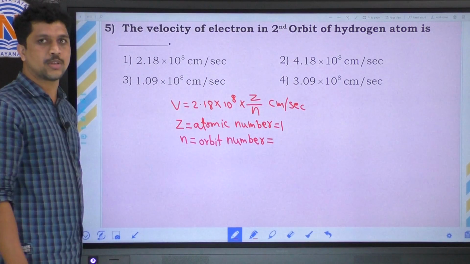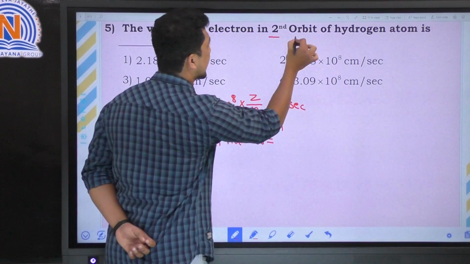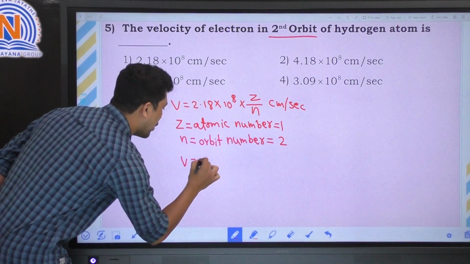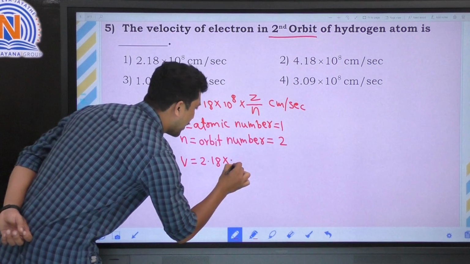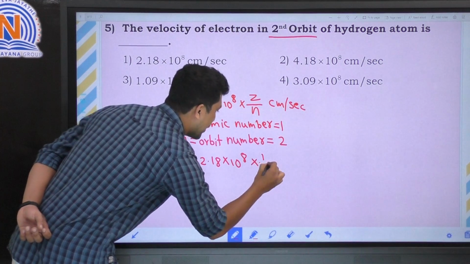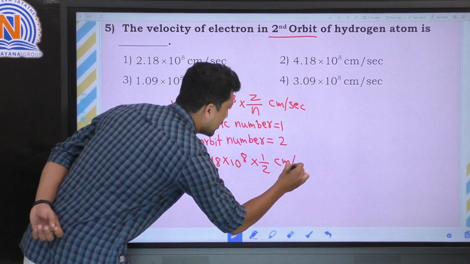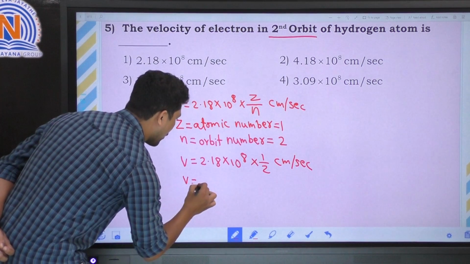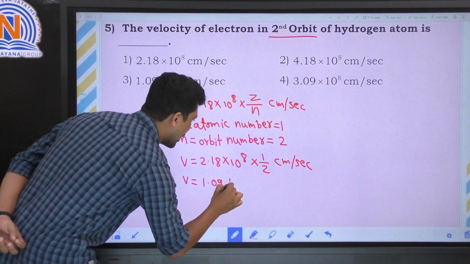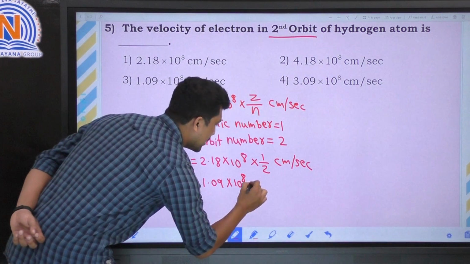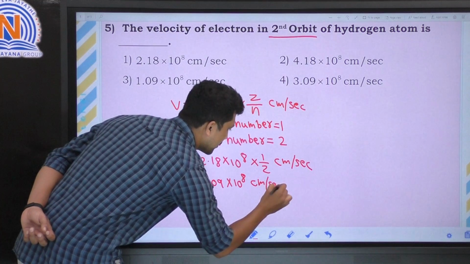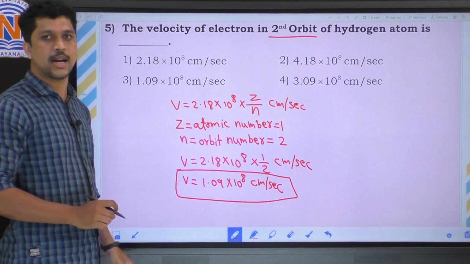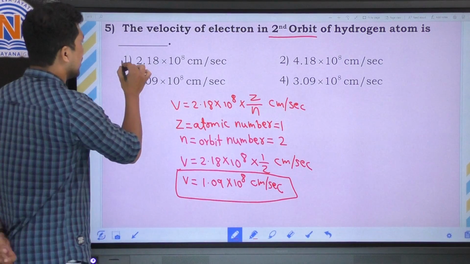They have given the second orbit, so orbit number equal to 2. Then velocity V equal to 2.18 into 10 power 8 into 1 by 2 centimeter per second. Then the velocity V equal to 1.09 into 10 power 8 centimeter per second. So this is the velocity in the second orbit of the hydrogen atom. So the correct option is first option.